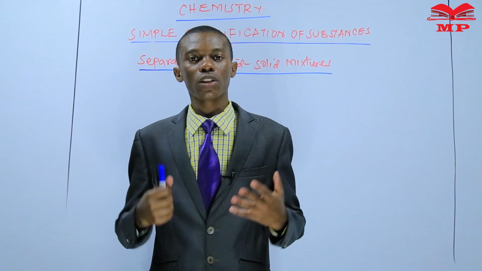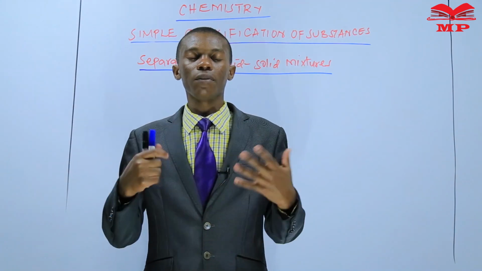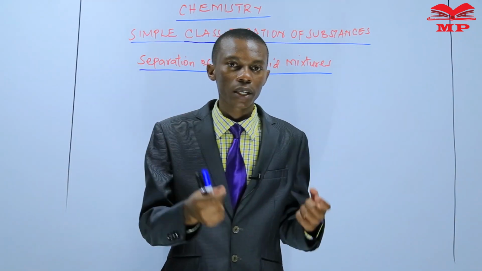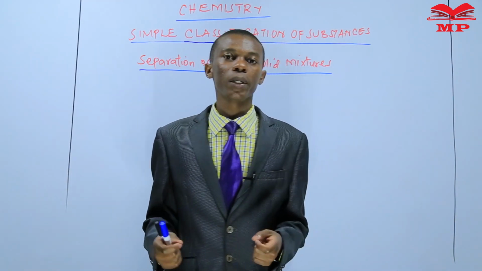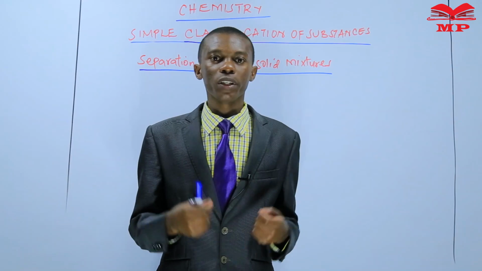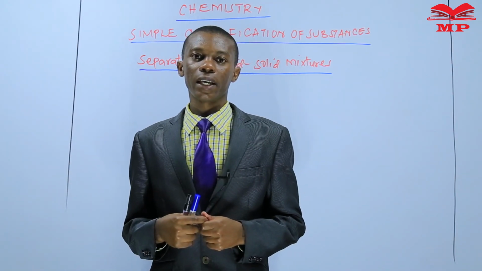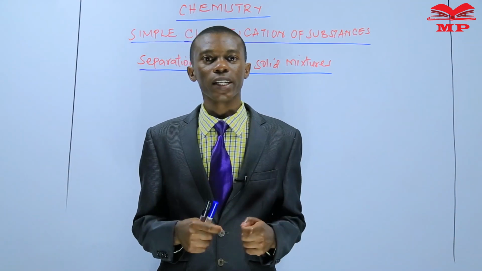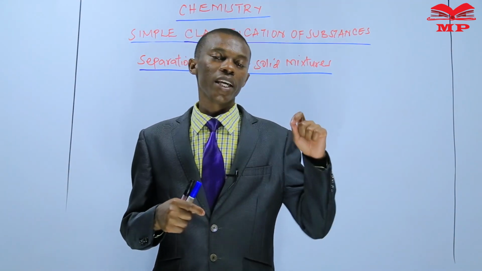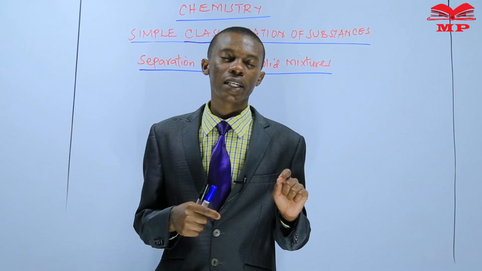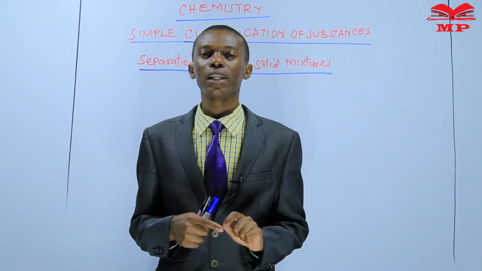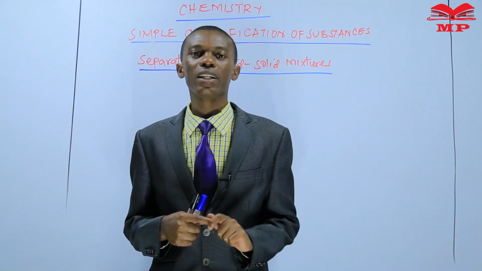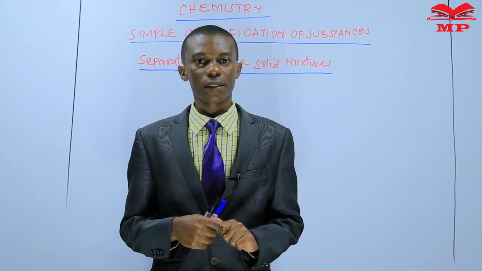And again, we said that solid liquid mixtures are further categorized into insoluble solid liquid mixtures and soluble solid liquid mixtures. Also, the liquid mixtures are categorized into 2: the immiscible liquid mixtures and the miscible liquid mixtures.